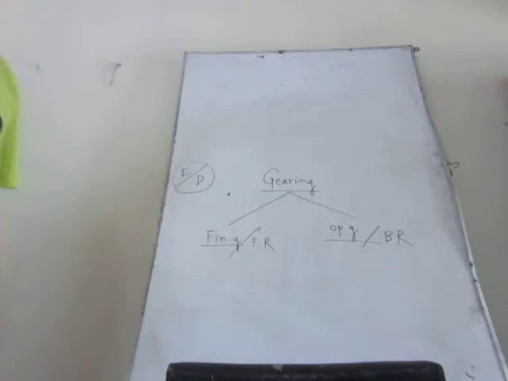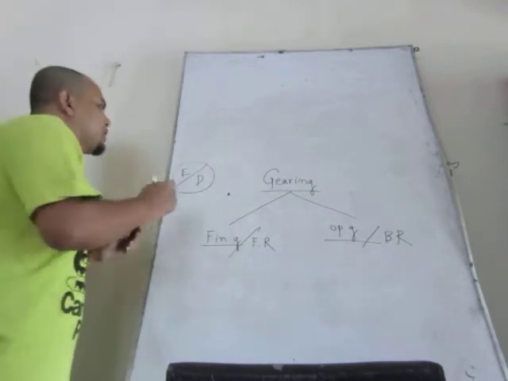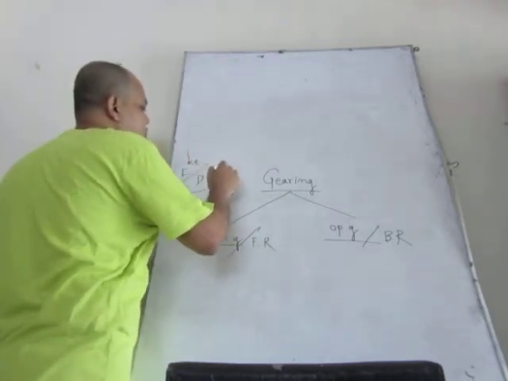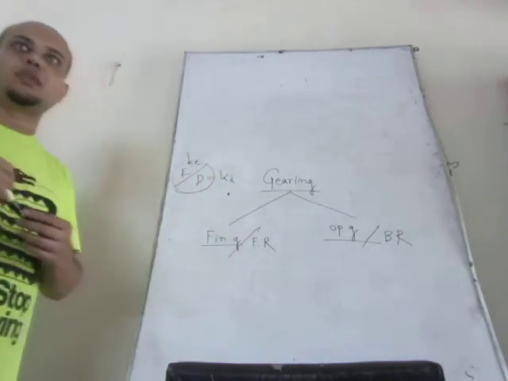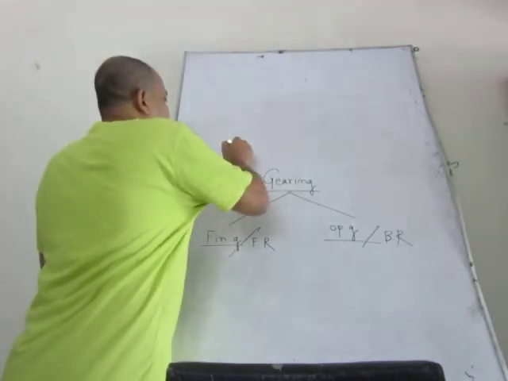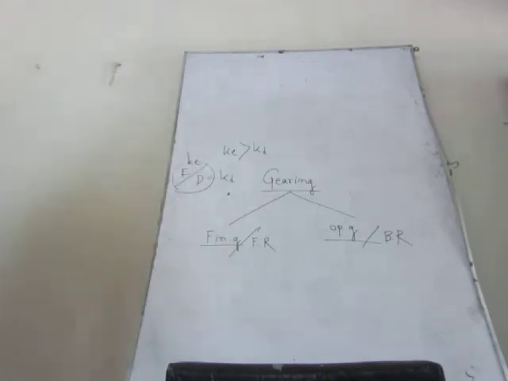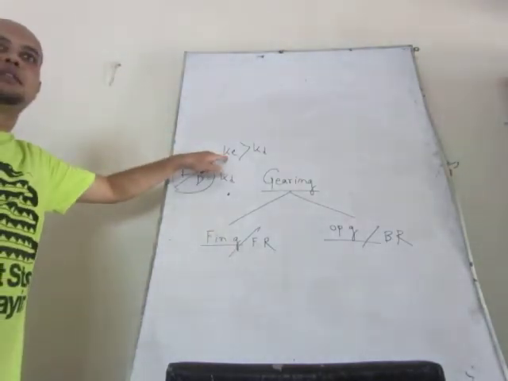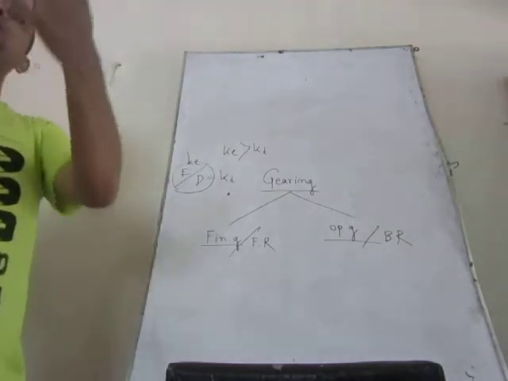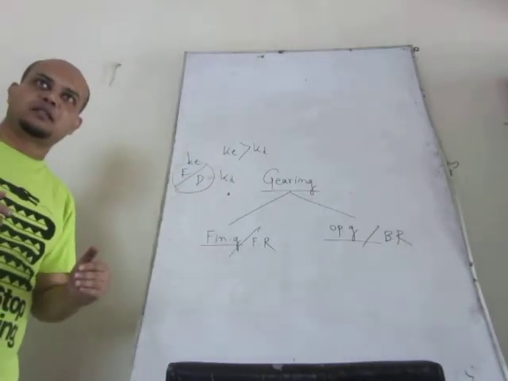And another thing for discussion. This is not in your syllabus, but I'm just providing it for discussion. Cost of equity, which is called Ke, and cost of debt, which is called Kd. Normally, Ke is greater than Kd. Ke means cost of equity, that means the equity shareholders' required rate of return. And we have already discussed, they are paid at the end of the line, right?